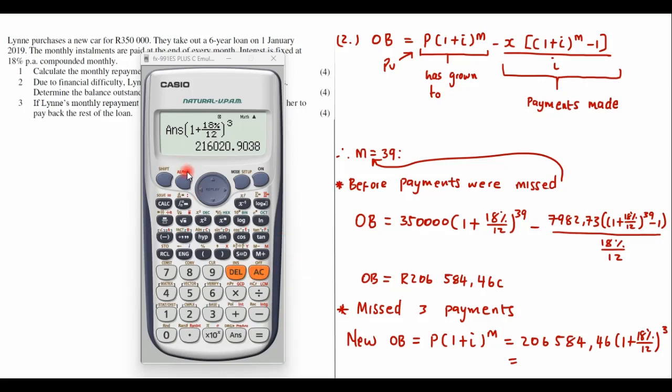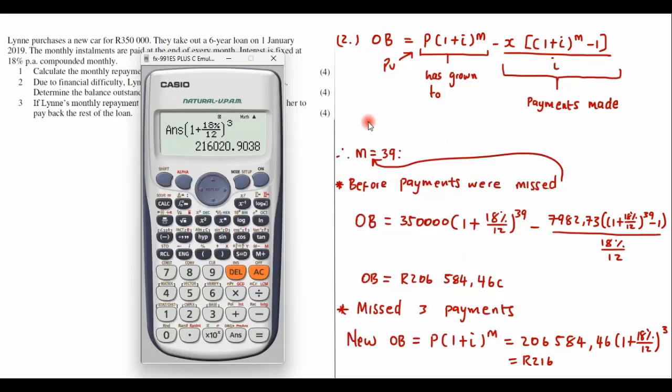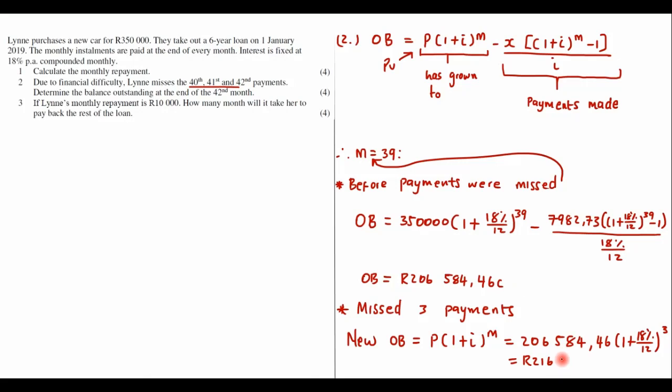You can see the amount has grown to 216,020 rand, 90 cent, and that is basically the outstanding balance that Lynn is now owing to the bank.